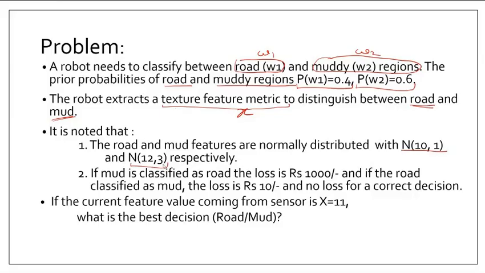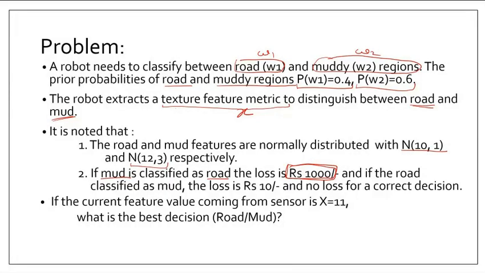If mud is classified as road, the loss is 1000 rupees. Now see this situation. If you misclassify, if mud is classified as road, then there is a loss of 1000 rupees. Now why this 1000 rupees? Because it may destroy our robot. Okay, so the robot is, suppose, costing 1000 rupees, then I have a 1000 rupee loss if I take a wrong decision.